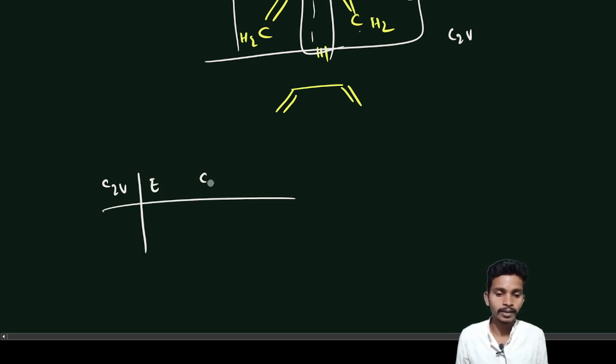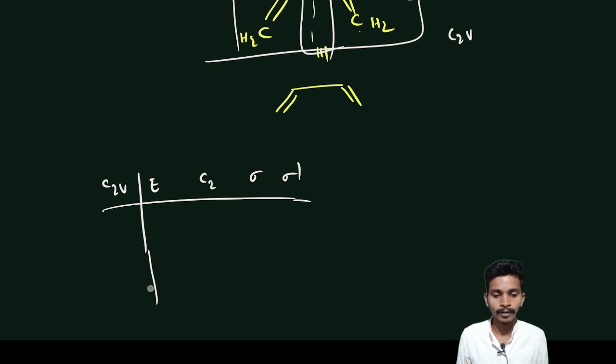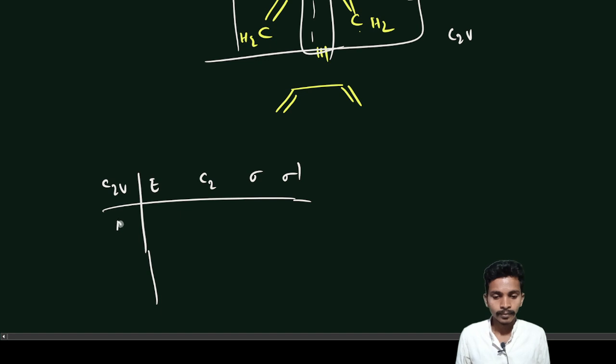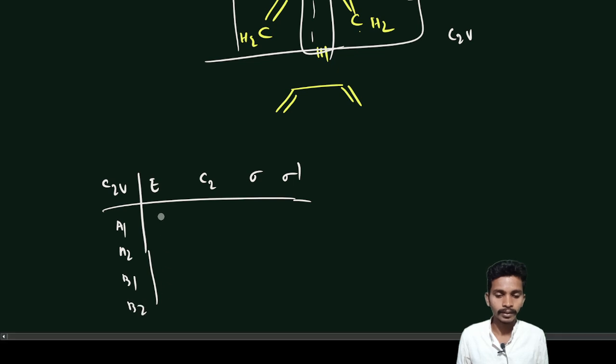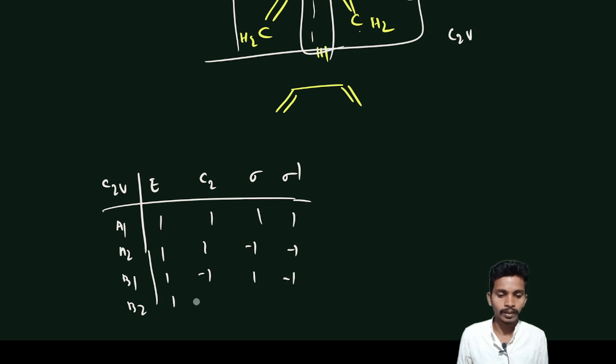I can write E, C2, sigma and sigma dash, and I can write here A1, A2, B1 and B2, and this is 1 1 1 1, this is 1 1 minus 1 minus 1, this is 1 minus 1 1 minus 1, and 1 minus 1 minus 1 1.